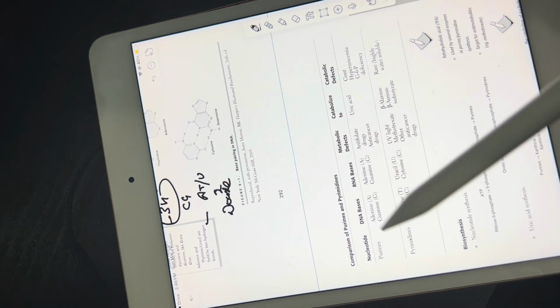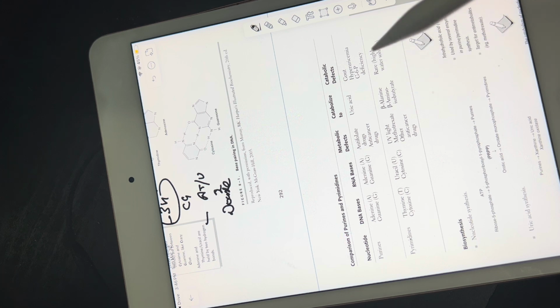This question is usually asked in exams: how gout is caused, what the etiological factor of gout is, or what is observed with gout. It is the increase in uric acid.